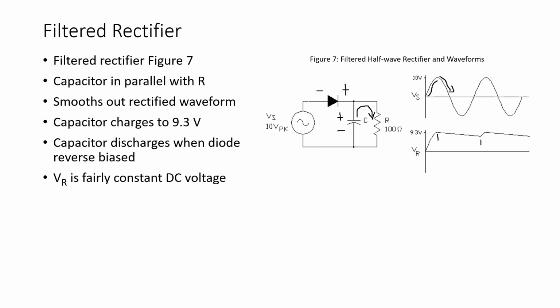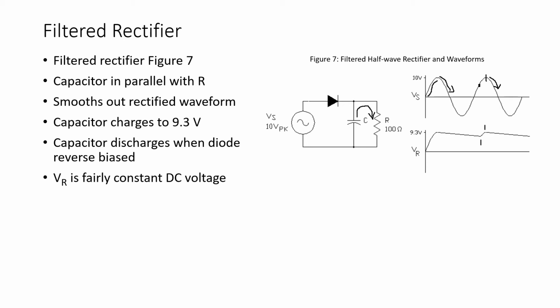Now, somewhere around this point, the diode becomes forward biased again, and of course current will flow through the diode and charge the capacitor up again to a peak value of 9.3 volts. Then as the source voltage gets smaller, the diode becomes reverse biased, and the capacitor discharges again through the 100 ohm resistor.